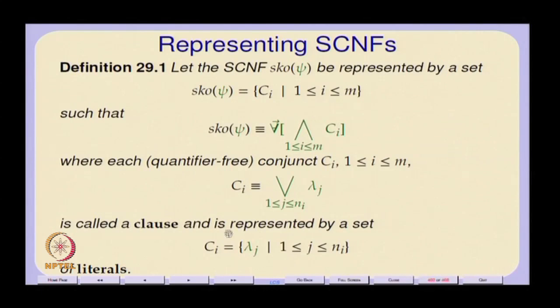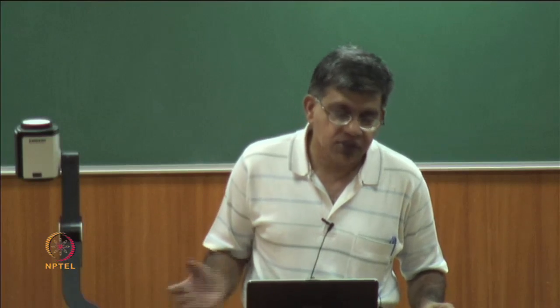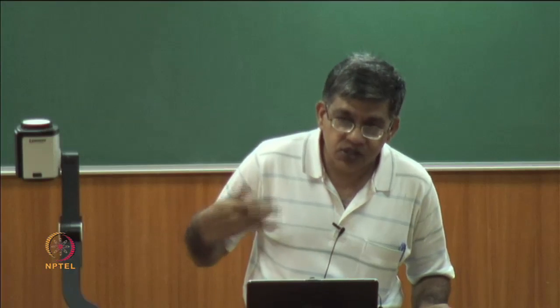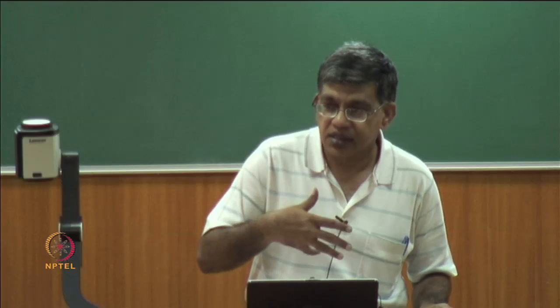Essentially what we are saying is your Skolem conjunctive normal forms are, as we did in the case of propositional logic, just going to be represented as sets of literals. Essentially there is a disjunction deep inside, and then there is a conjunction at the outer.